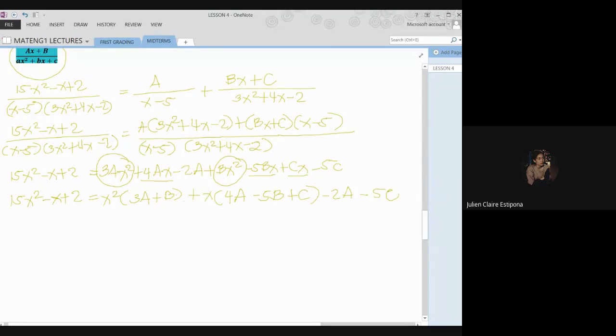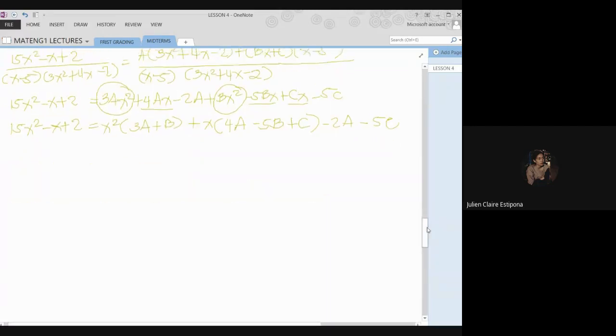Okay, we are correct. So now how are we going to get the values of a, b, and c? We copy the coefficients of x squared, the x, and then the constants. Let us just denote the constant as c. So we have here, at the left side of the equation, the x squared, whose coefficient is 15.